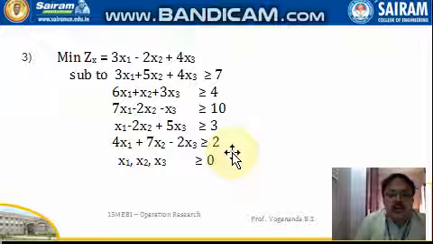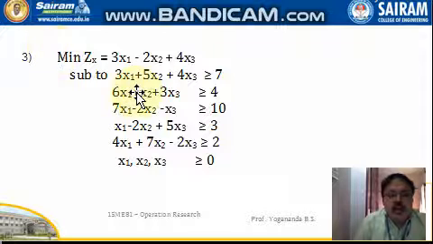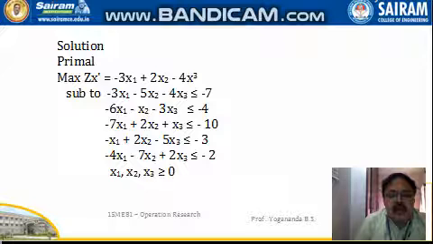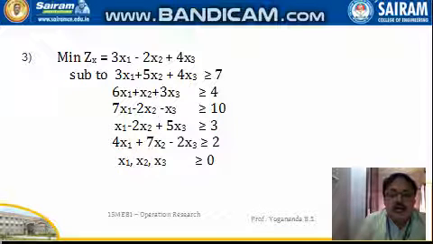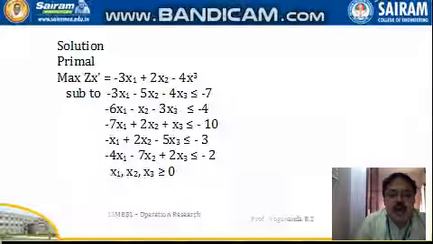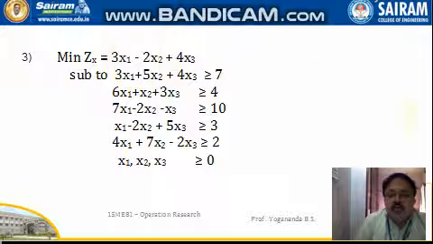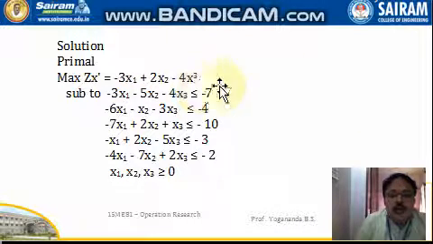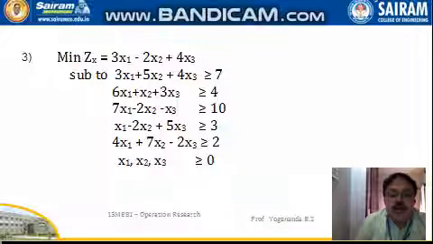Then we have one more problem on writing the dual. It is a minimization function subjected to many constraints, all of them having a greater than or equal to sign. First, the minimization function is to be maximized, so it is rewritten by multiplying by minus 1.